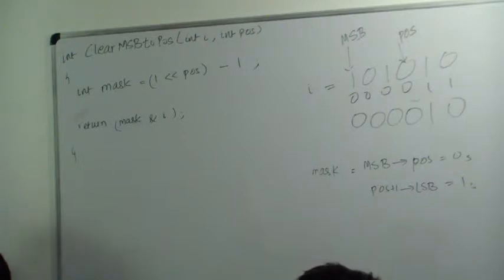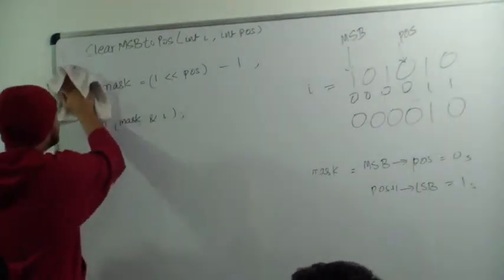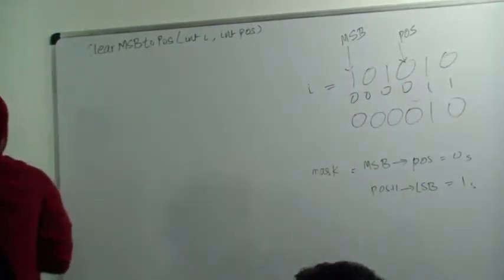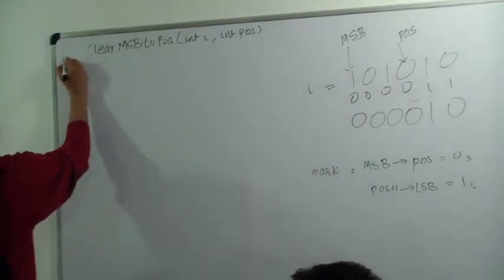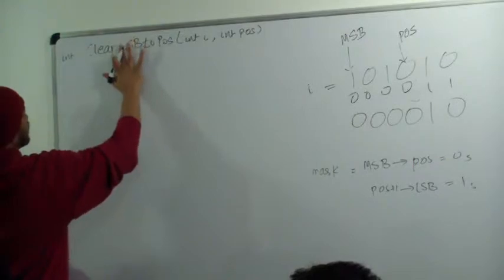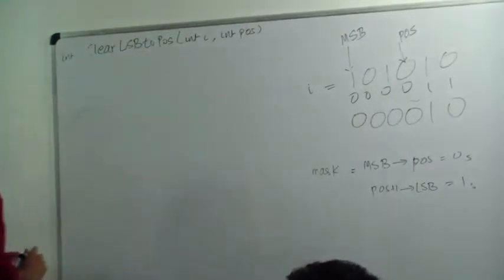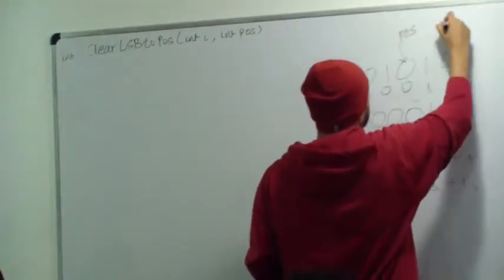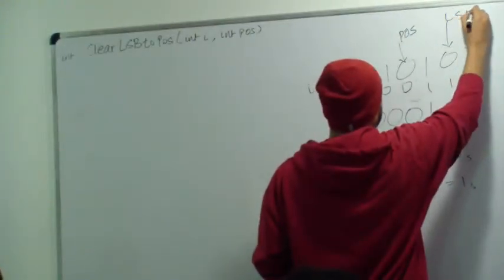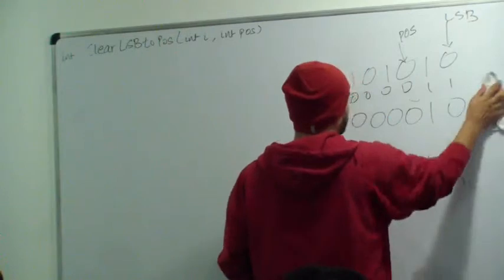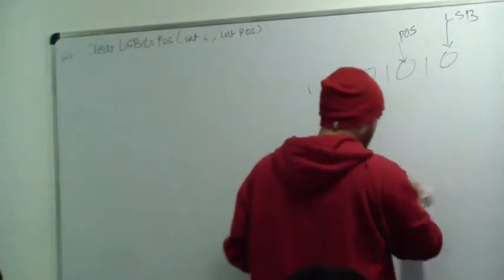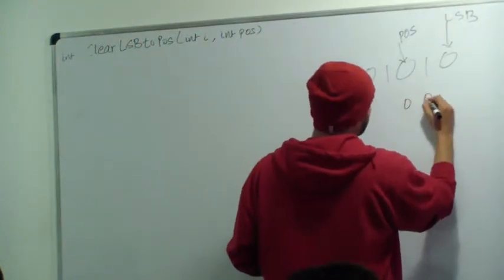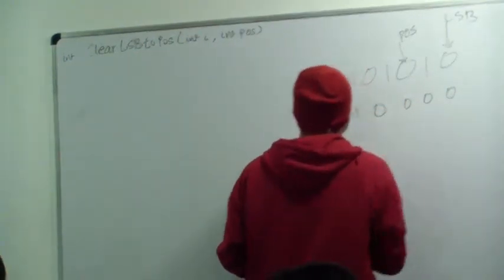Clear? Now we are doing clear LSB to this position. I want to convert this integer to 0 0 0 1 0.